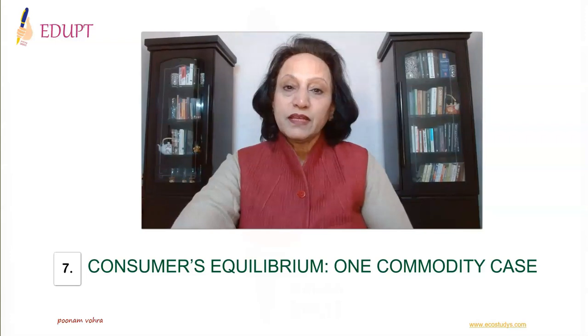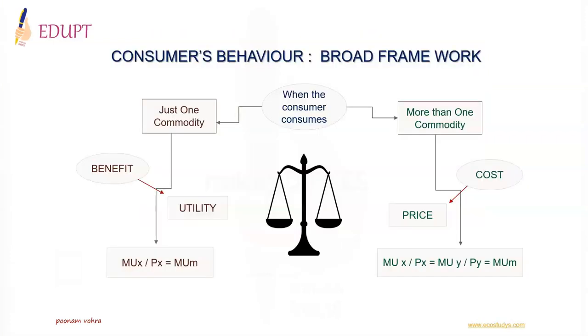So, let's begin. Let's understand the broad framework of consumers' behavior through utility analysis. The consumer would always aim to achieve the level of maximum satisfaction, whether he consumes just one commodity or more than one commodity.